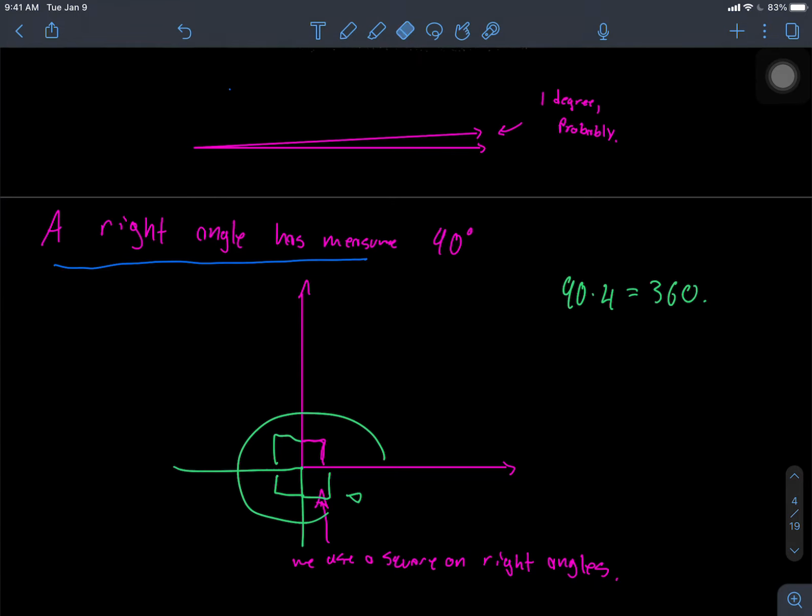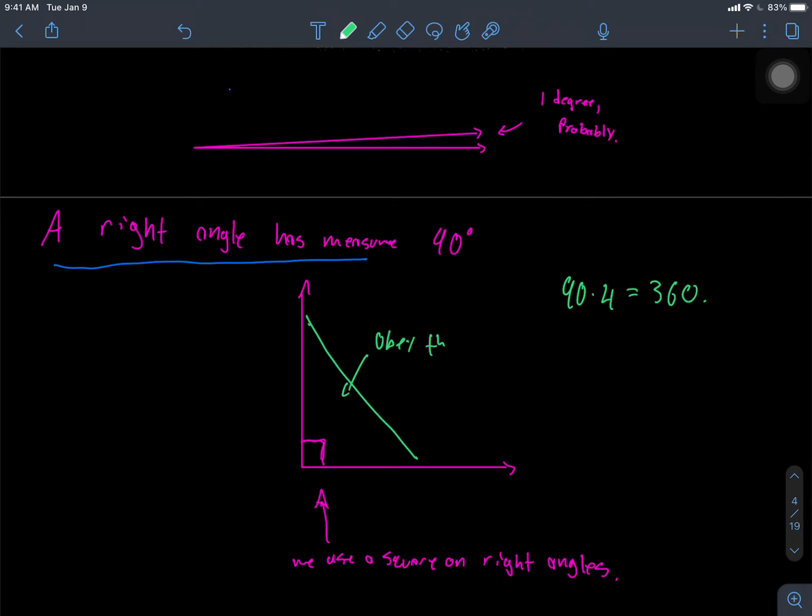Second, when we have a 90-degree angle and we draw this triangle in here, this triangle will obey the Pythagorean theorem. In other words, if we have sides a and b, then this side will be the square root of a squared plus b squared. So we can find the hypotenuse using the Pythagorean theorem.